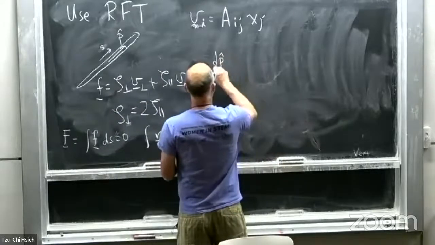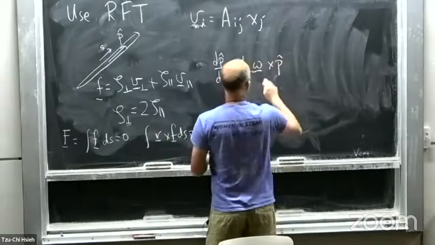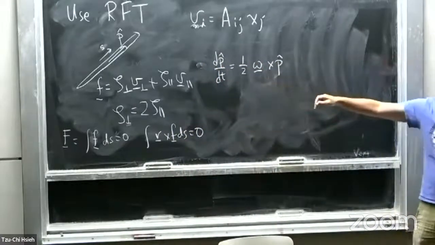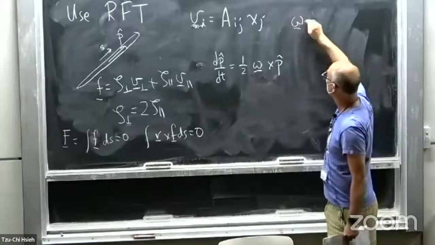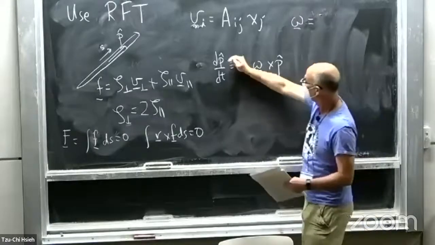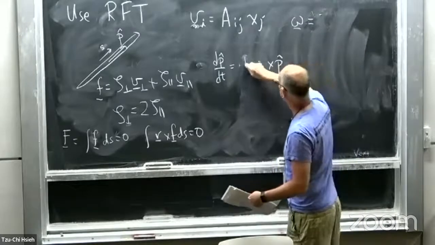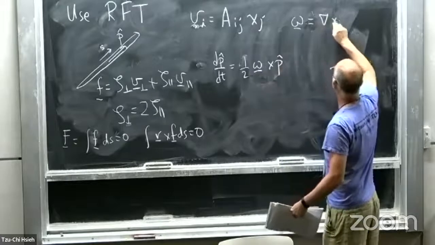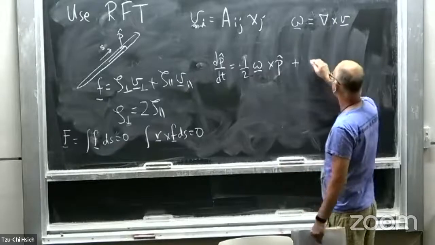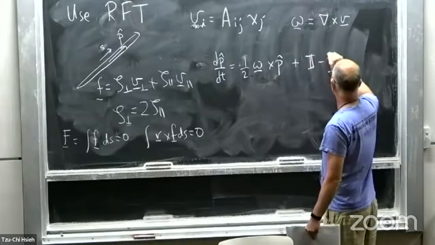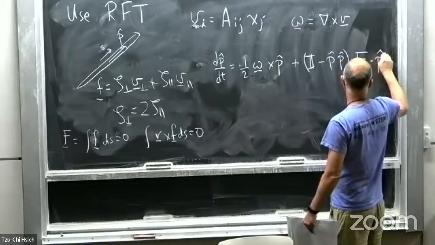And what you find is one piece that looks just like what we wrote down for the spheres. There's a component of the rotation which is exactly the vorticity. Omega is, oh, what did I do here? I think I wrote this wrong in my notes, but that's okay. No, that's right, 1/2. Yep, and then there's another piece. This other piece has a projection operator, and it involves the strain rate.